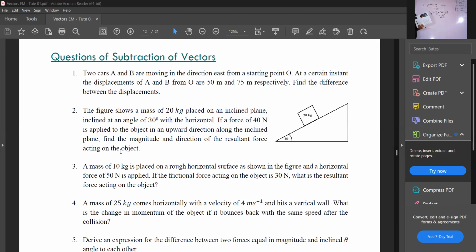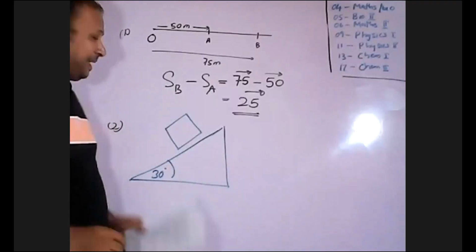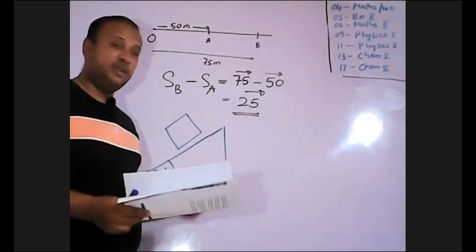Okay, then. In this case, you have to have an idea about resolution also. 20 kg in mass. 20 kg mass means the weight of this object.